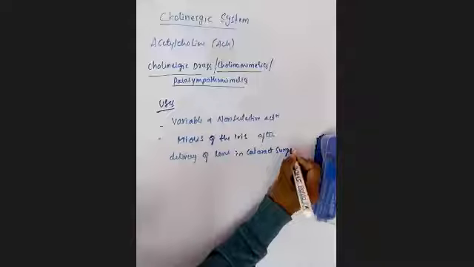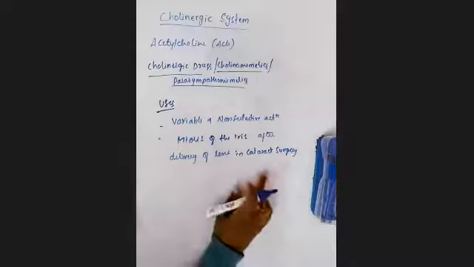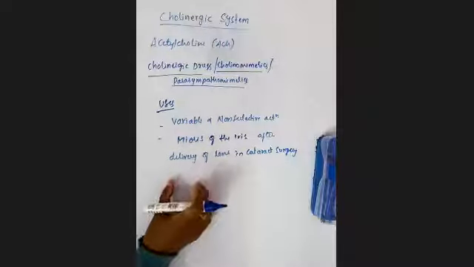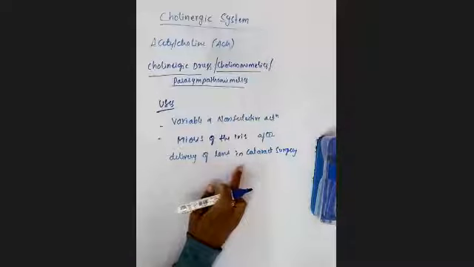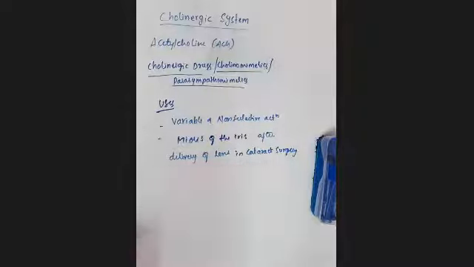Clear. During cataract surgery, there will be a delivery of the lens, right? After the delivery of the lens, to induce miosis of the iris, we definitely use acetylcholine. Okay, that's all, students, about acetylcholine.